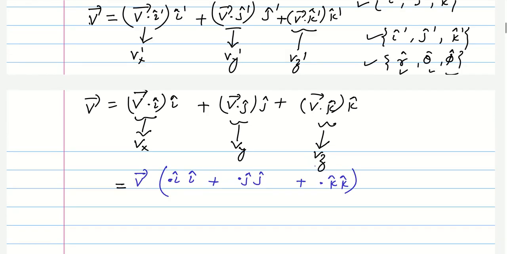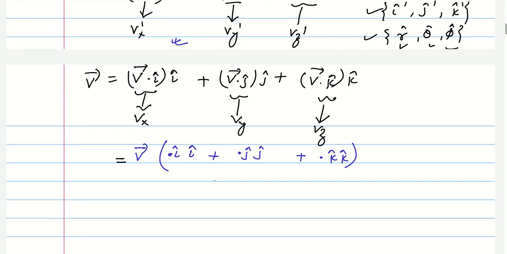So this is what you are getting, correct? In this case it will be the dot product with i prime i prime, right? So in bracket notation, this one you represent with ket, and this one you represent with bra.